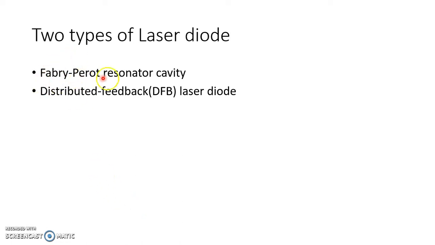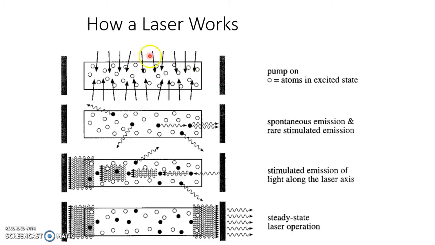First one is the Fabry-Perot resonator cavity, wherein you have a structure similar to this, with partially reflecting mirrors, in which there will be a resonator cavity. The optical amplification will take place inside this cavity.